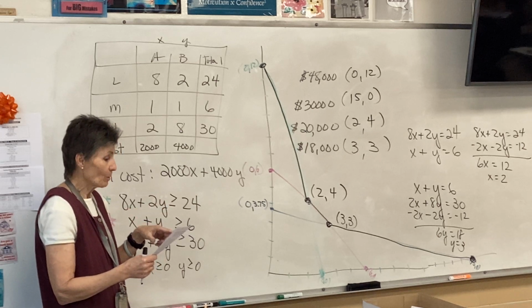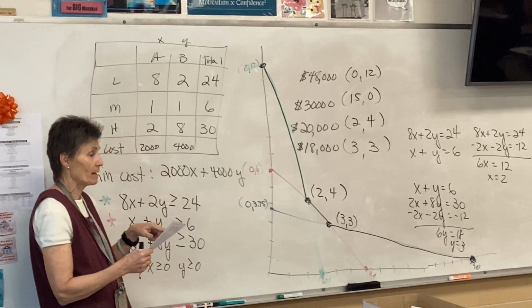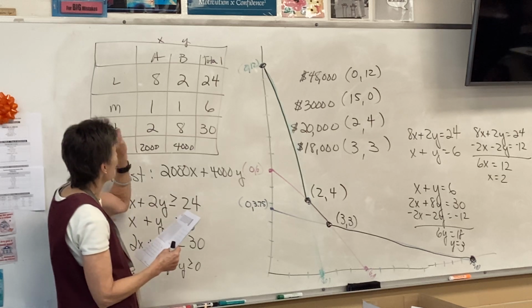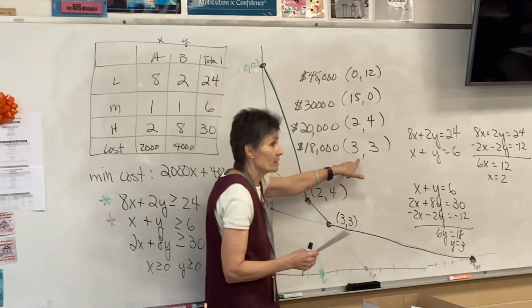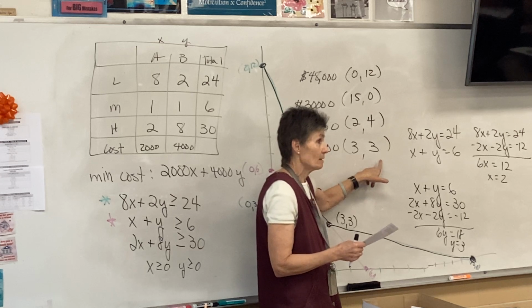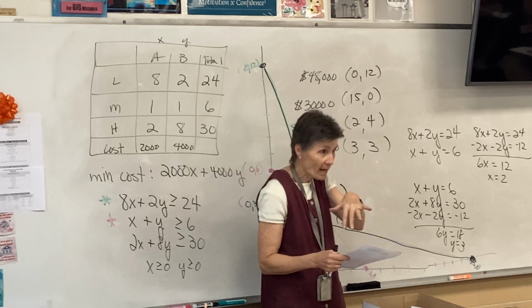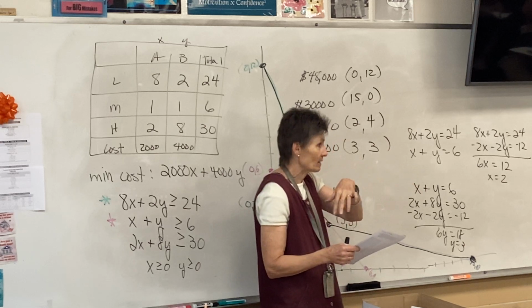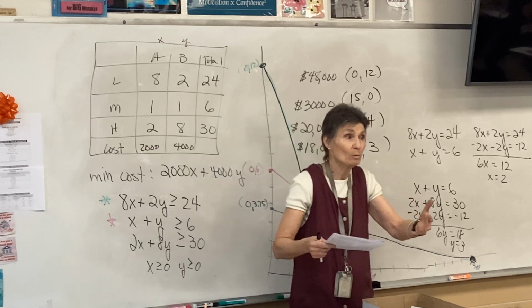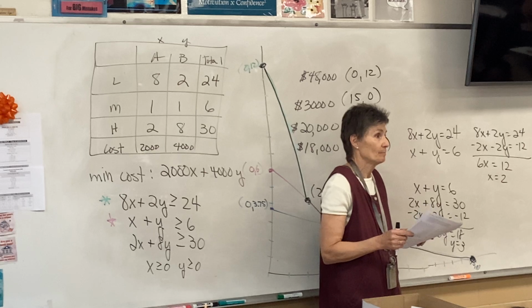And with days, excuse me, how many days should each factory operate? So how many days should factory A operate? 3. How many days should factory B operate? 3. So your answer is 3 days for factory A, 3 days for factory B, to produce the amount of paper we need at the minimum cost.